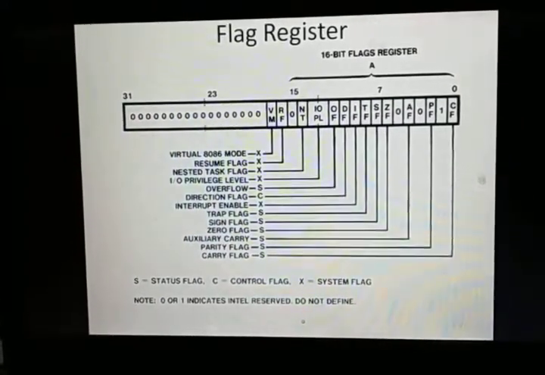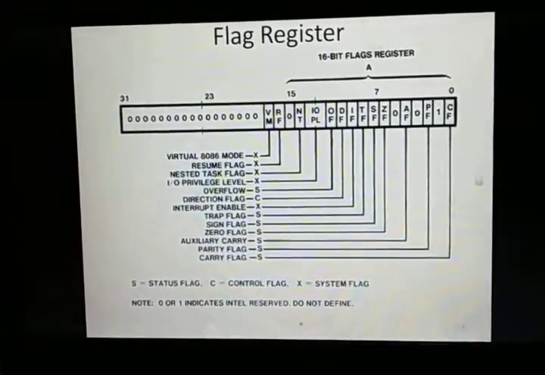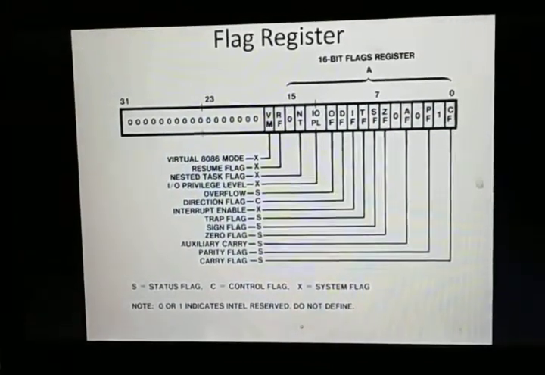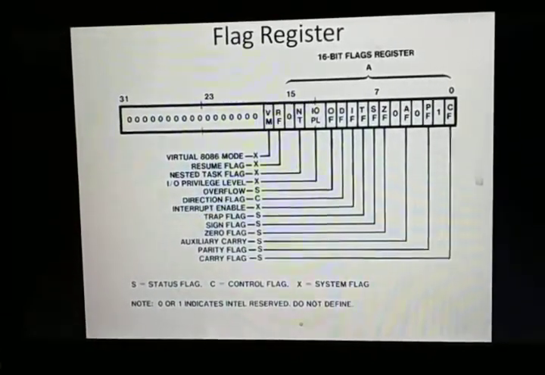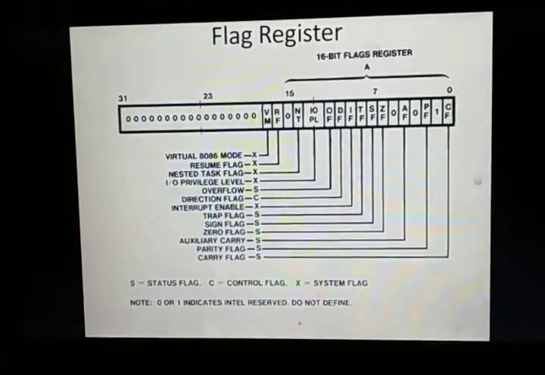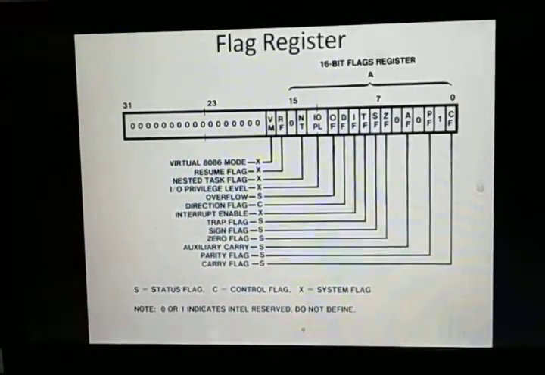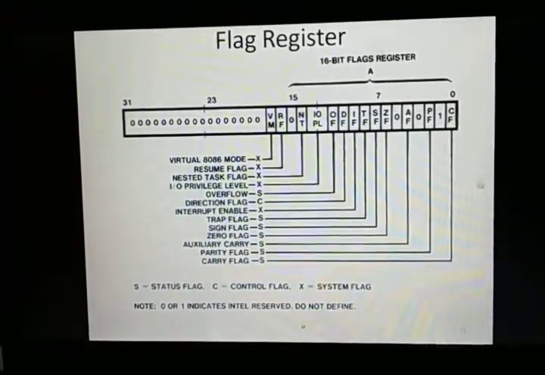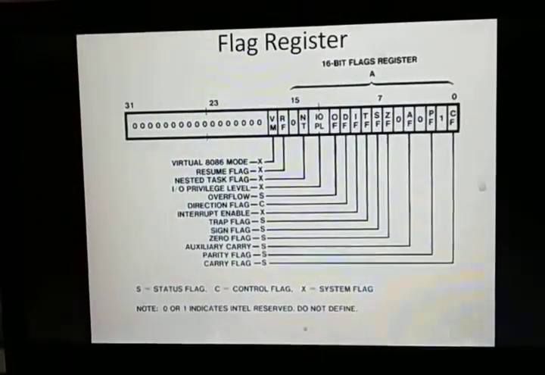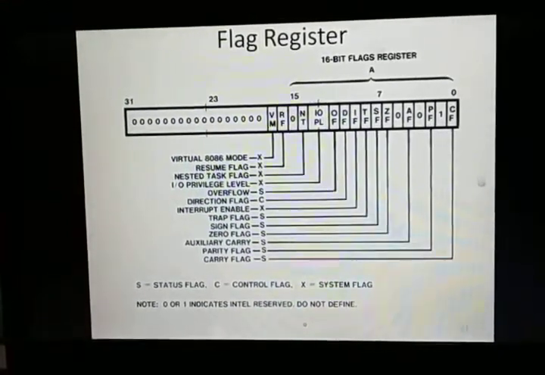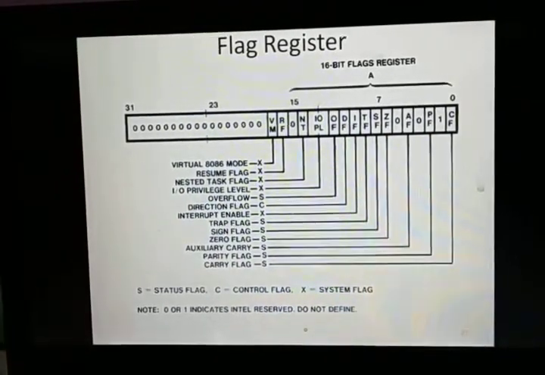Now the next bit is the auxiliary carry flag bit. The auxiliary carry flag is also related to arithmetic operations, but here you perform the operation on BCD numbers. Whenever you perform an arithmetic operation on BCD numbers and a carry is generated from the lower nibble to the higher nibble, the auxiliary carry flag bit is set to 1. What does lower nibble and higher nibble mean? A byte is 8 bits, and a nibble is a 4-bit value.